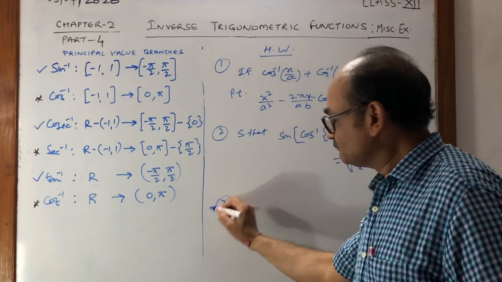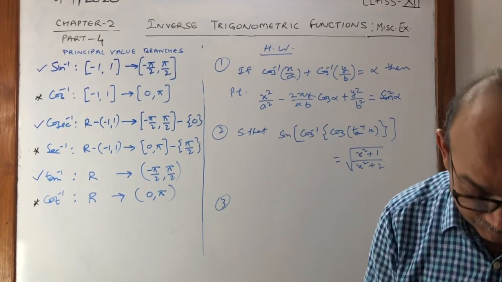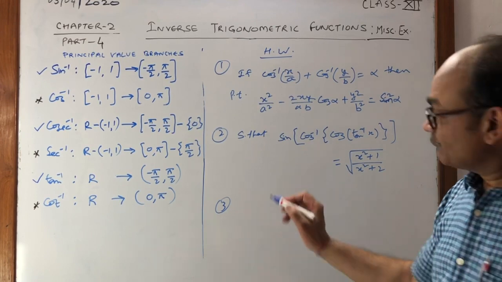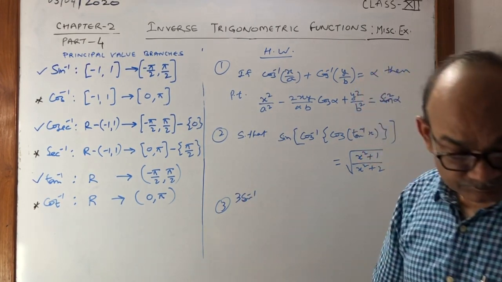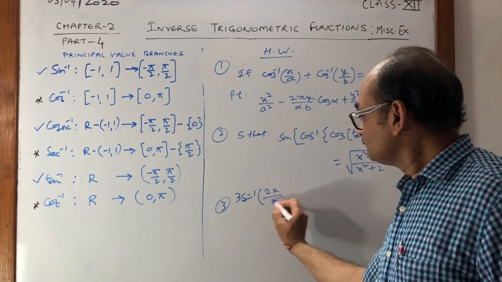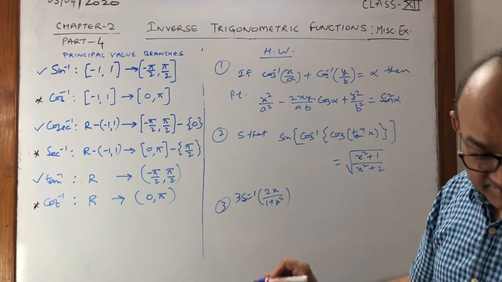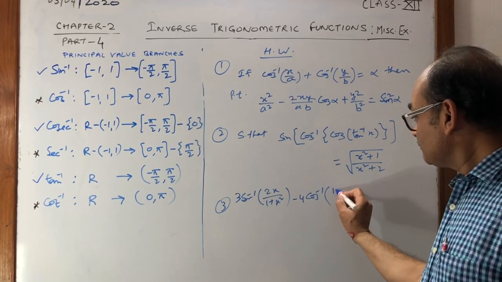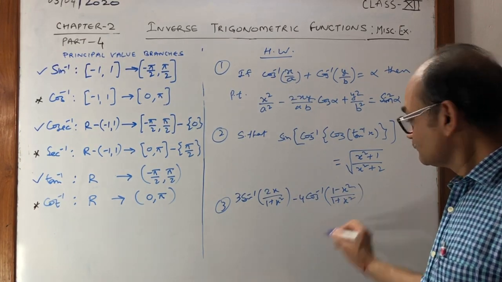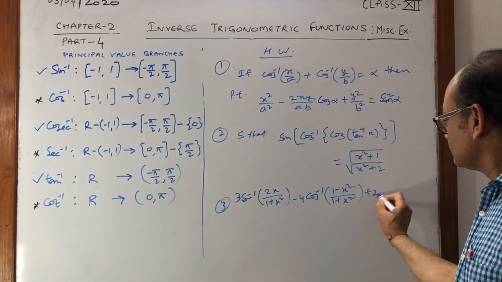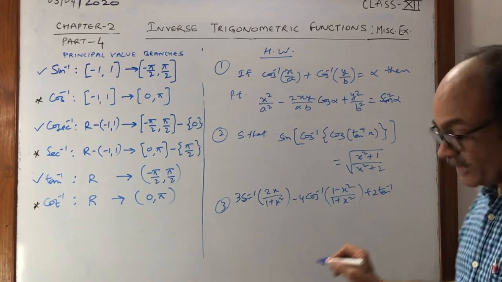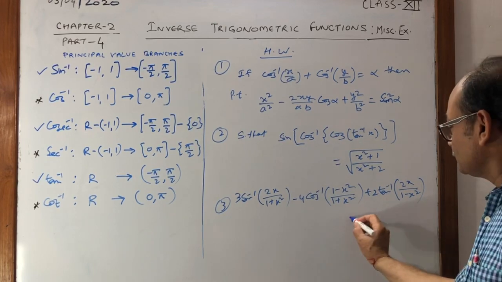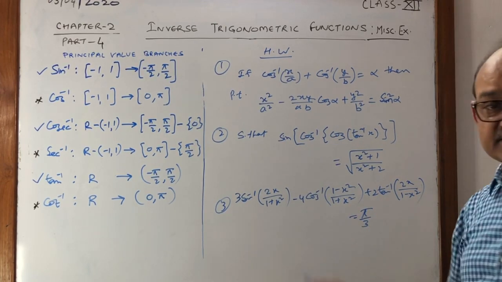And the last one: three sin inverse 2x upon 1 plus x square minus 4 cos inverse 1 minus x square upon 1 plus x square plus 2 tan inverse 2x upon 1 minus x square equals pi by 3. These 3 questions are for your homework.